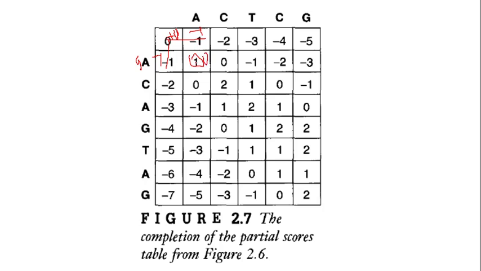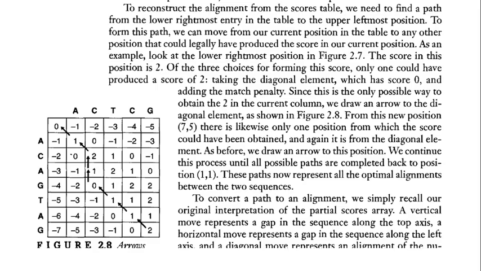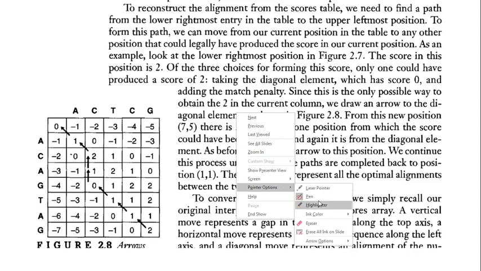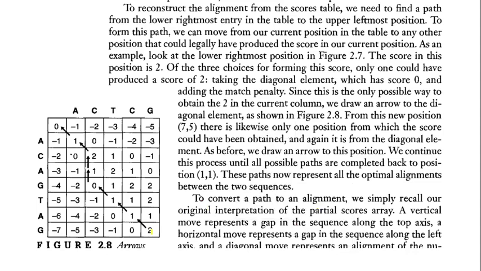Like that, we can fill the whole Needleman Wunsch score table. After filling this table, we will go to the lowermost portion of the table. We can see that the highest number in the lowermost portion is 2. From there, we can go diagonally to build up the alignment so that it becomes 0.